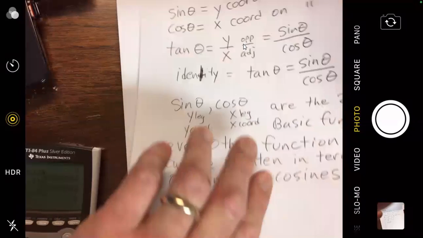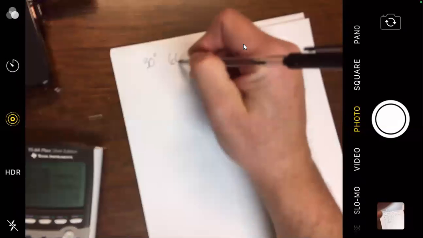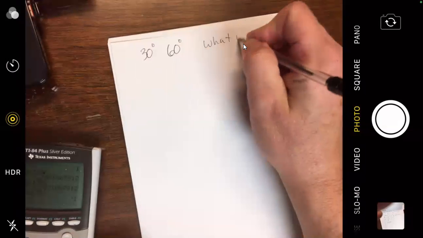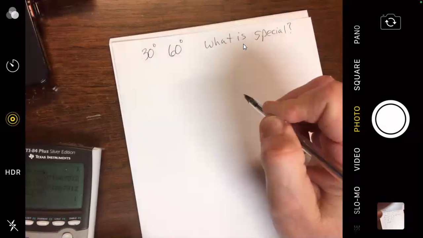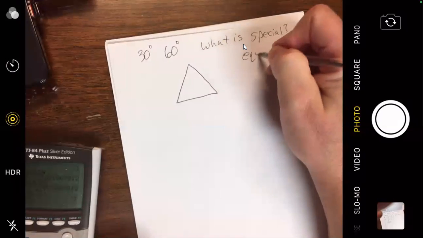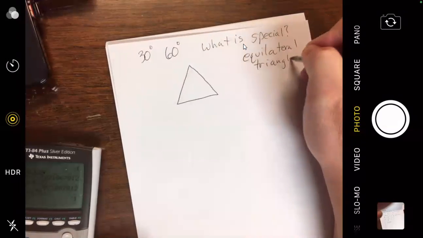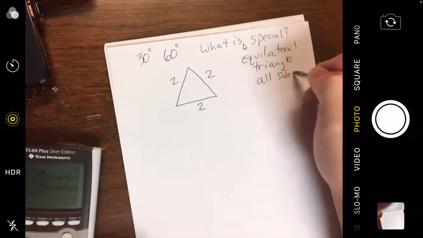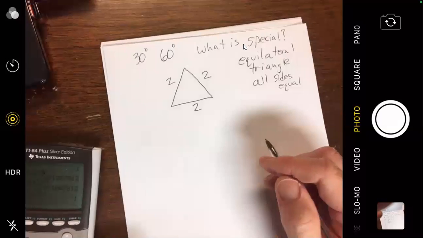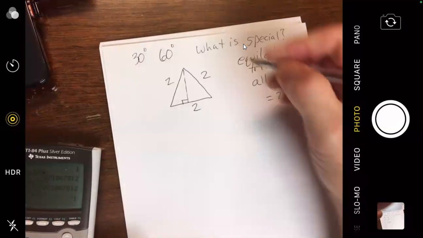All right, let's look on to 30 degrees and 60 degrees. What is special? Take an equilateral triangle. Side length 2. Equilateral means all sides equal 2. Drop a bisector.